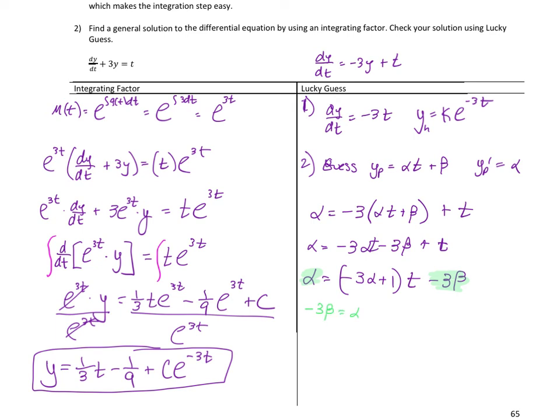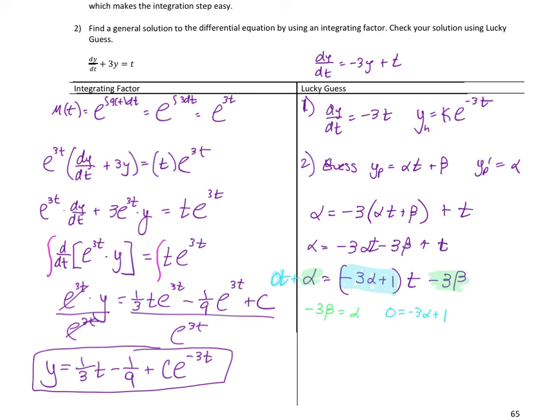And then I have a t term on the right, but there's no t term on the left. We can just assume there's a zero t term on the left. So it has to be that 0 equals negative 3 alpha plus 1.